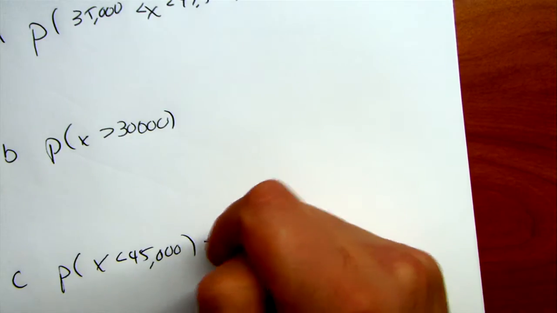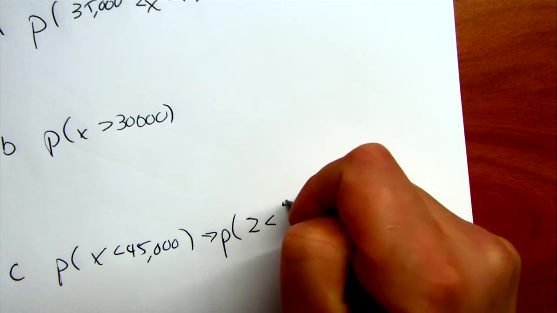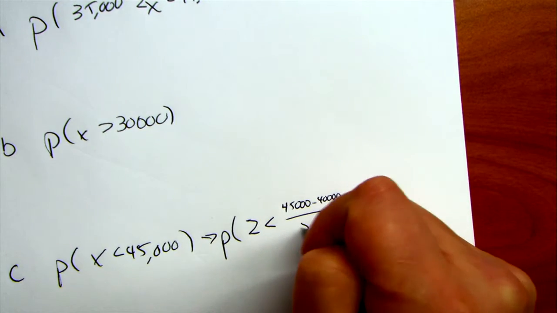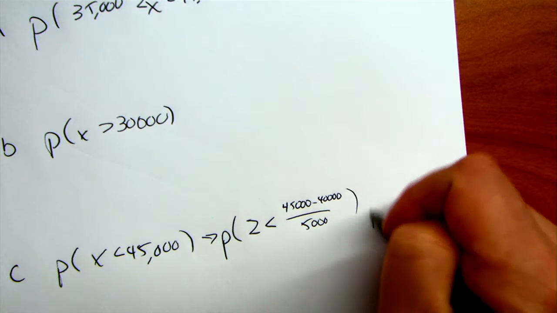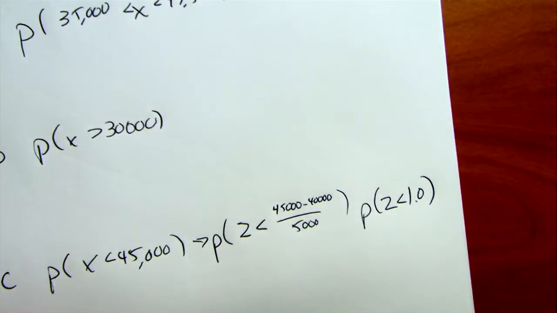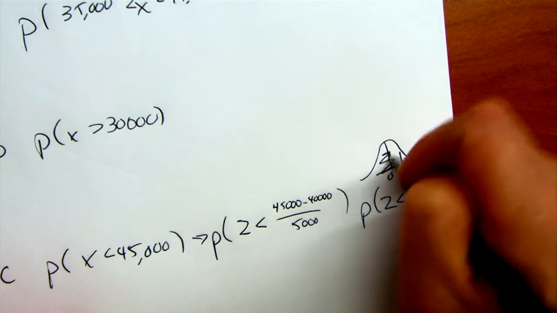So if I do that, I get the probability that Z is less than 45,000 minus 40,000 divided by 5,000. I get the probability that Z is less than 1.0. Okay, so on the standard normal curve, now we're down to a z lookup.